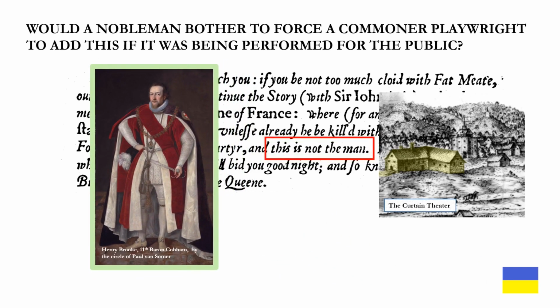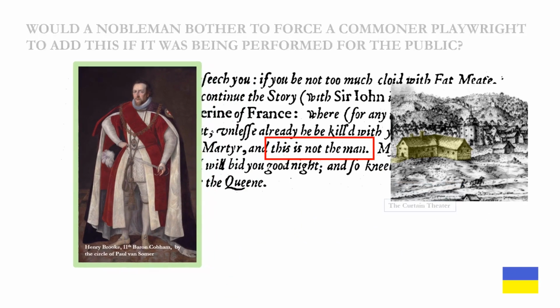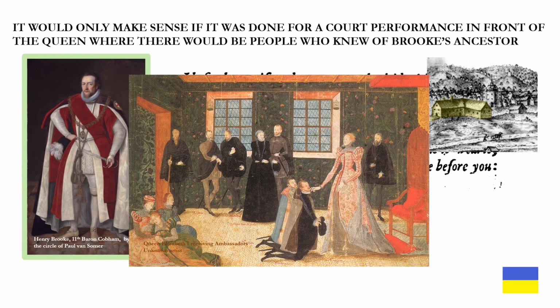The question I have is, would a nobleman bother to force a commoner playwright to add this if it was being performed for the public in a place like the Curtain Theatre? It would only make sense if it was done for a court performance in front of the Queen, where there would be people who knew of Brooke's ancestor.